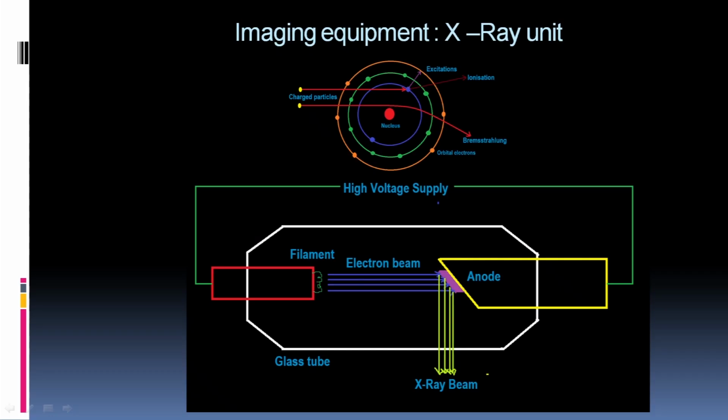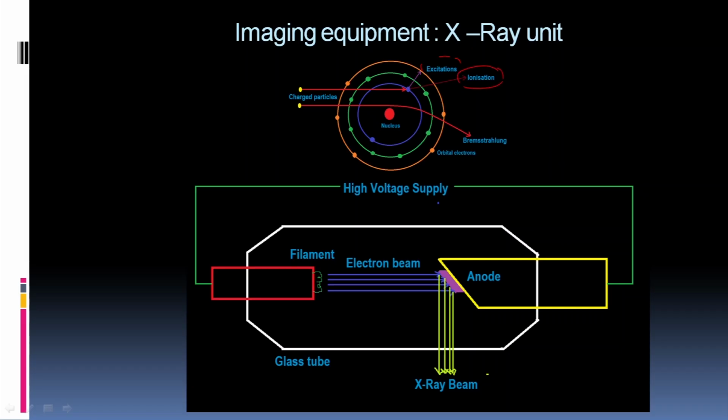Now this is the physics behind X-ray generation. We know that a charged particle may interact with the electrons, and by excitation they can excite the electron or they can ionize the atom.